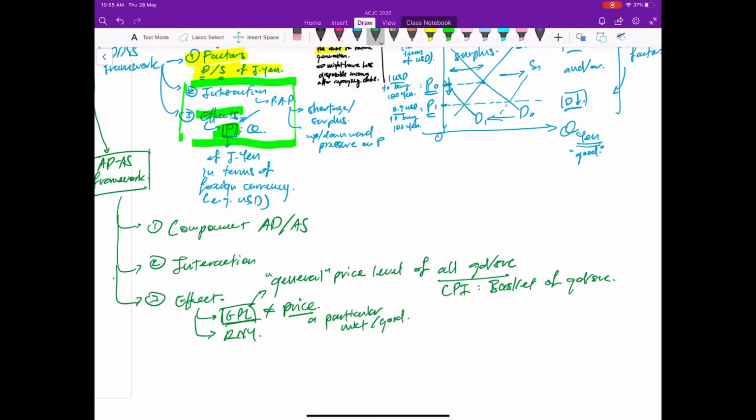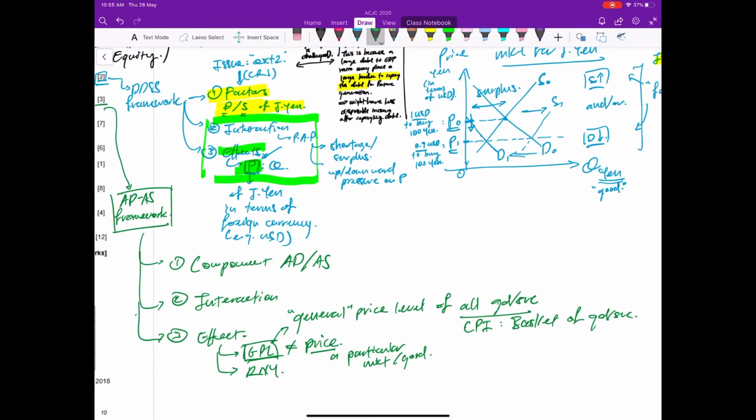So in question B part 1, you are looking at the market for yen. So it is the price of yen. Exchange rates is the price of yen. In B part 2, the question did not specify any market, did not specify any good, but says of all goods and services. So that is really general price levels. And when you're talking about general price levels, you're using macro analysis, so it must be the ADAS, not the demand and supply.